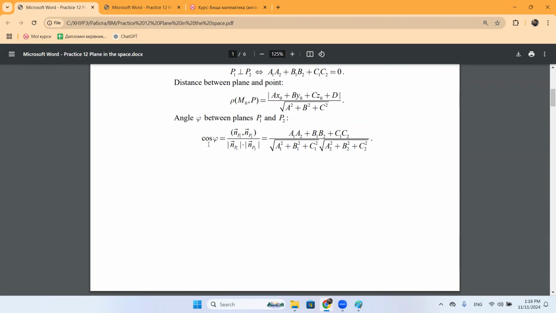As you already remember, using the scalar product of the vectors, cosine of phi can be received from dividing the scalar product of normal vectors by the product of their magnitudes. So any questions about these formulas?